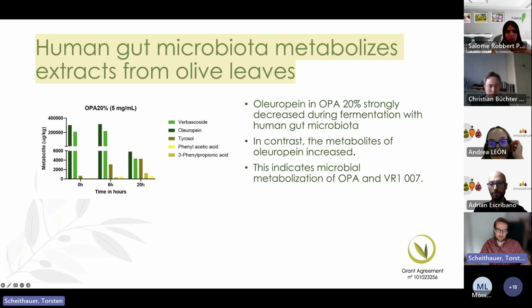At 20 hours, it's almost gone. And if you look at different metabolites, for example tyrosol, you can see it nicely coming up already at 6 hours, it increases, and at 20 hours, even a little bit more. So we found in this MS approach a couple of metabolites which appear to be specific for this oleuropein or for these polyphenols, which are metabolized by the gut microbiota.